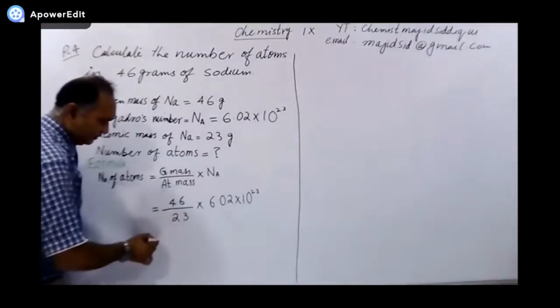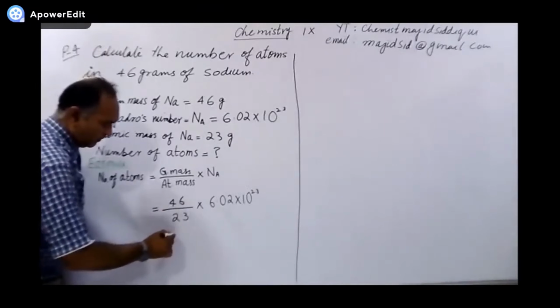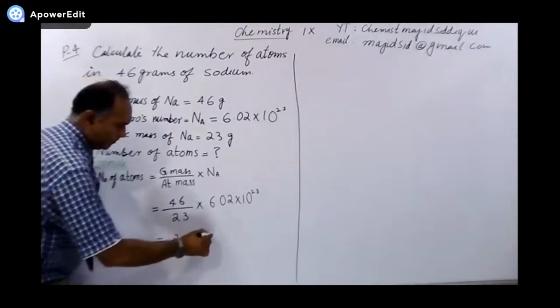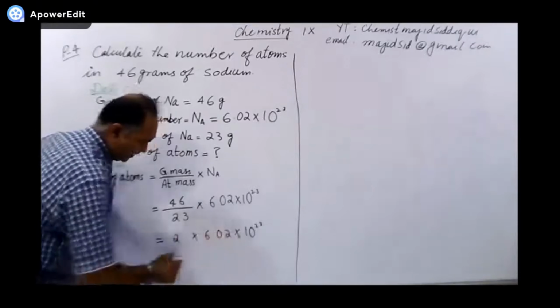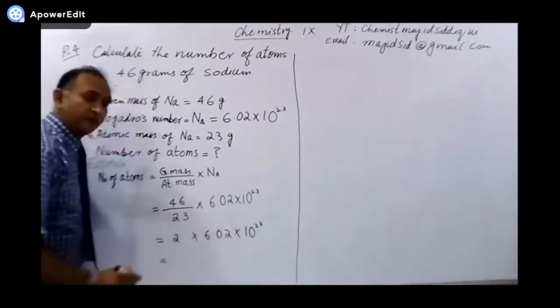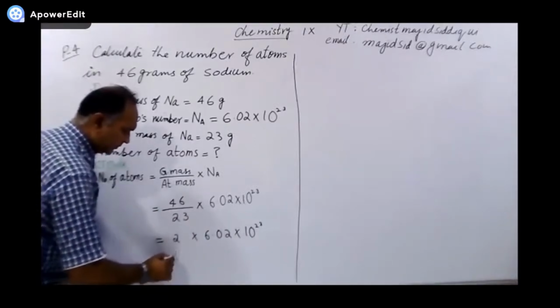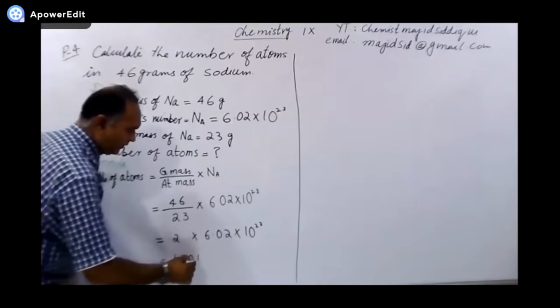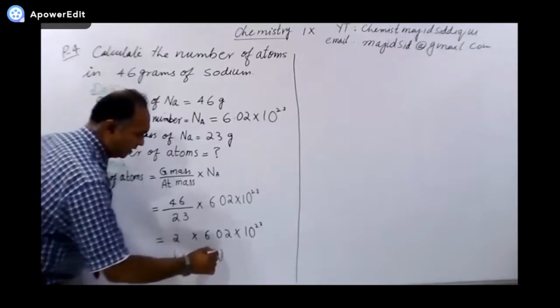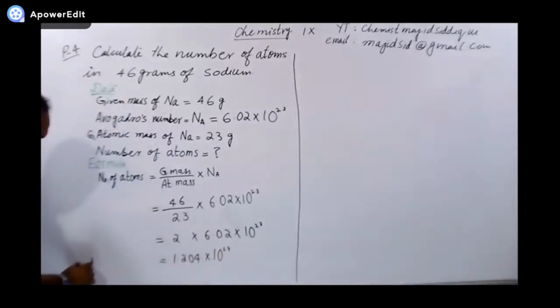So 46, and when you divide 46 by 23, it will give you what? 2. And using your calculator, if you multiply these two, you will get 1.204 into 10 raised to power 24. This will be the number of atoms.